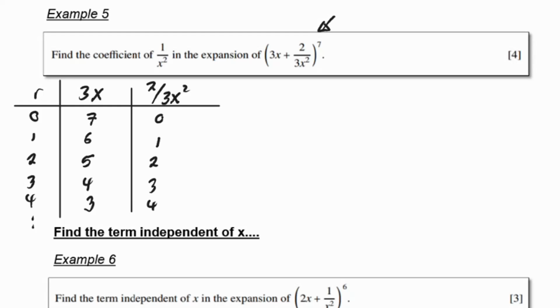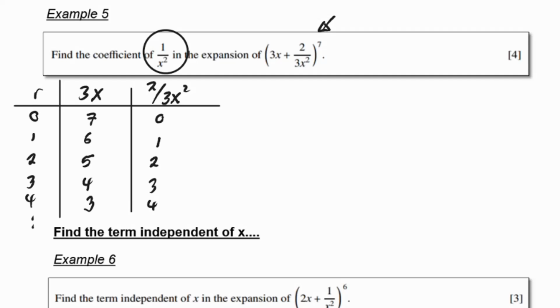All right, so we're going to look for the correct set of powers, which will give us 1 over x squared. So you're going to do trial and error. You try for when r is equal to 0, that's the power 7 and 0. You try for 6 and 1. You try for 5 and 2. You try for 4 and 3 and so on.